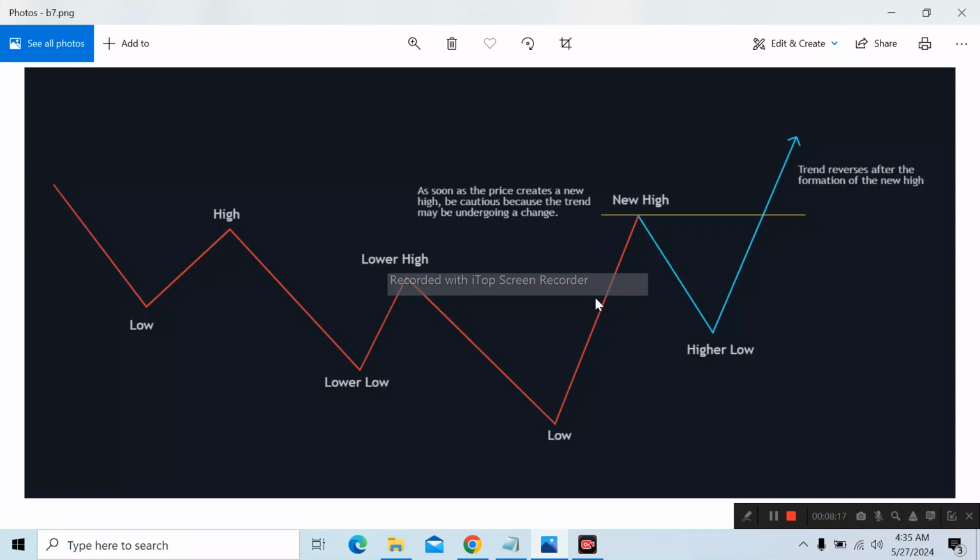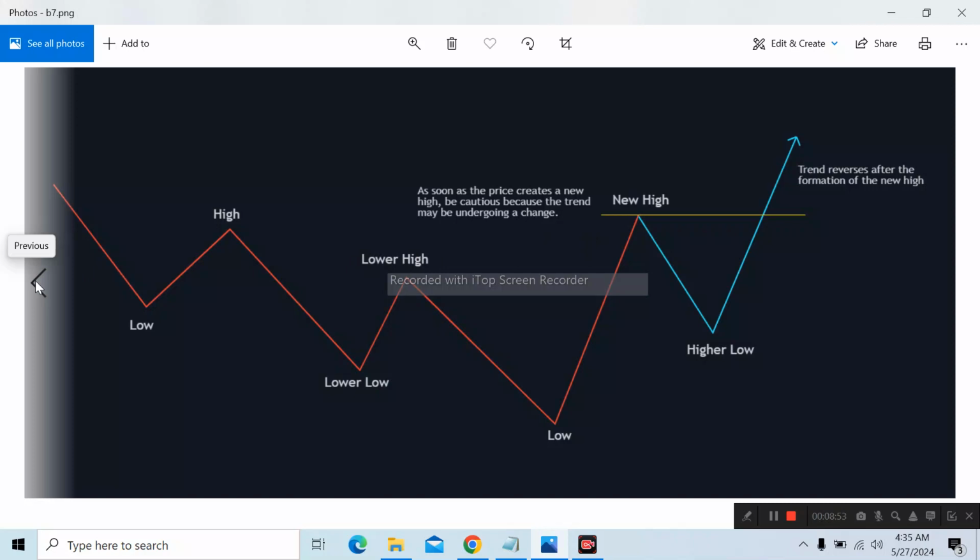When price retraces back and then goes higher than the lower high it created, and then retraces back again to create another higher low, and price forms a new high and retraces back to break that new high it has formed to form another high, then we know that trend is in a different direction. It is changing from bearish to the bullish side.